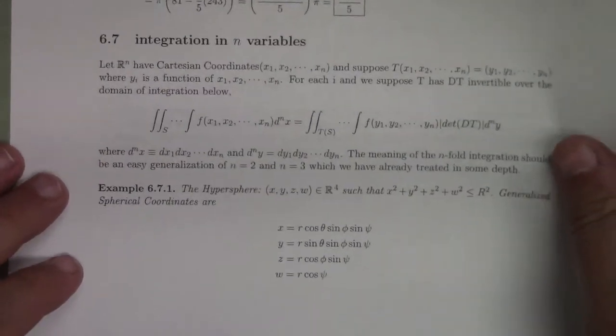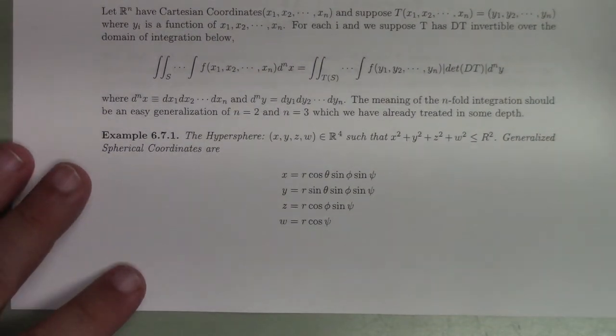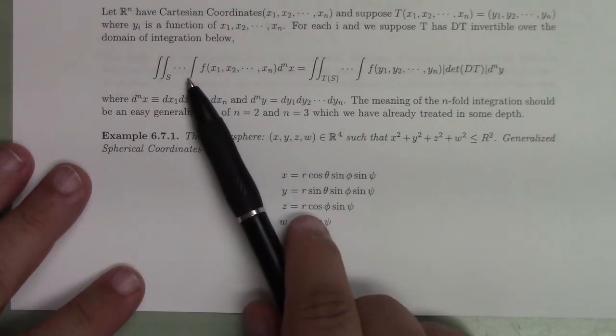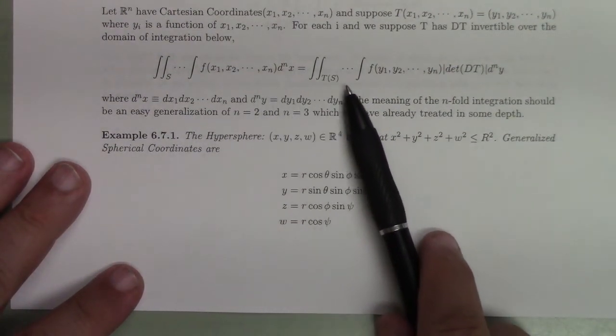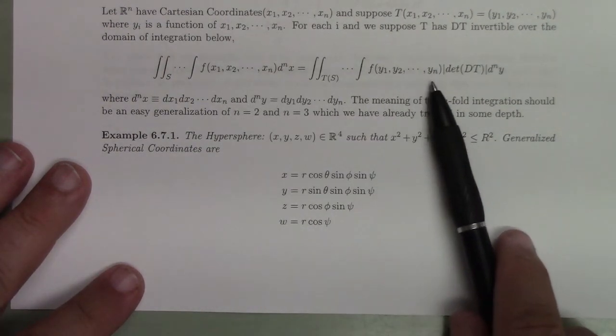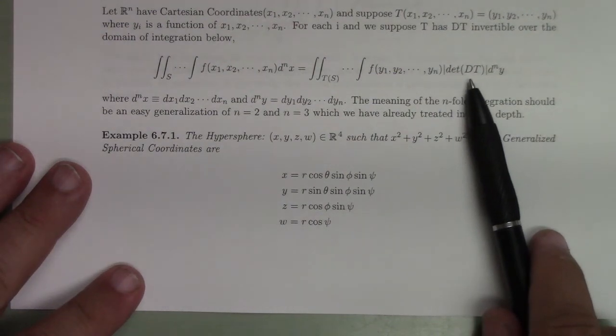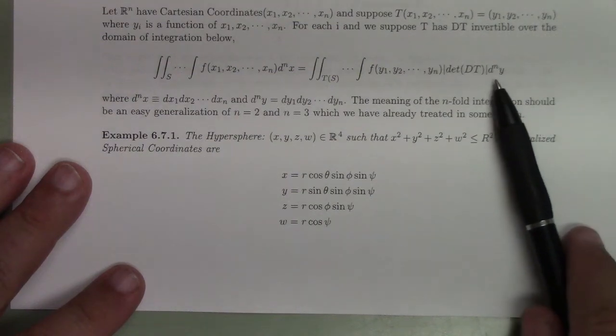Alright, and this finally brings us almost to the end, which is we can also do integration in n variables, and the change of variables is pretty much the same song and dance. You convert the formula for the integrand in terms of the new variables, multiply by the determinant of the Jacobian. This is now the determinant of an n by n matrix of derivatives.